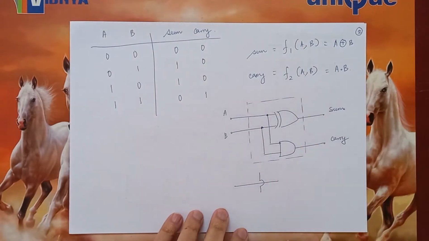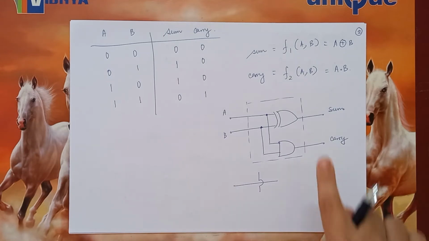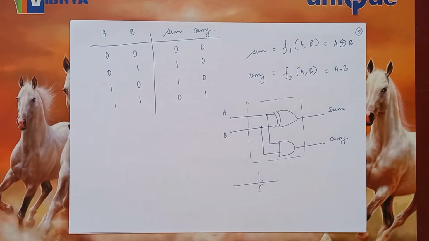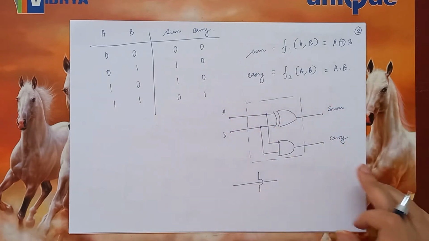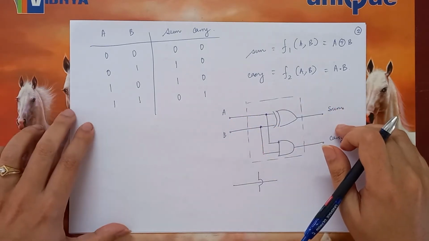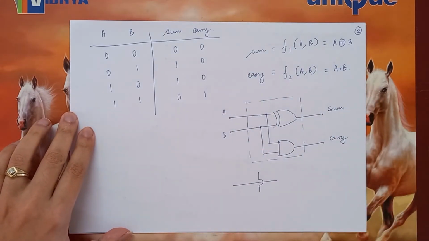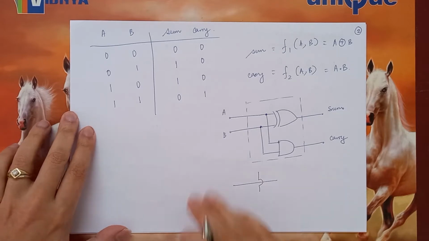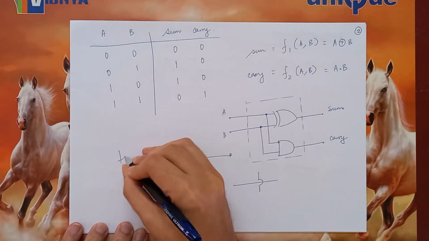So I have just drawn this dashed box to show that we can show the logic gates inside the box, and the outputs and the inputs can be shown outside the box. This circuit, which can add two binary bits, is called a half adder.